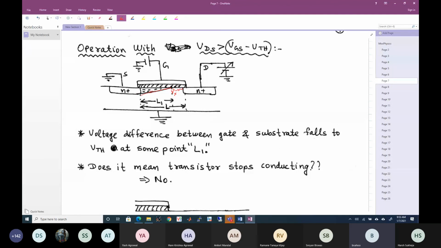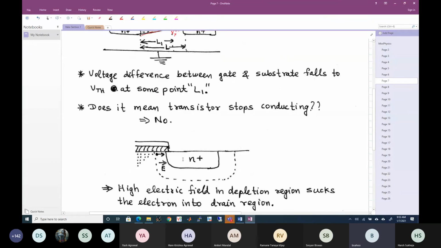What happens is that there is such a huge electric field at this point that the high electric field in the depletion region sucks the electrons into the drain region. I should not call it tunneling, but it is more like the high electric field pulls the electron and it suddenly goes out. Imagine you have a pipe through which a high velocity liquid is coming and you pinch off at some point.